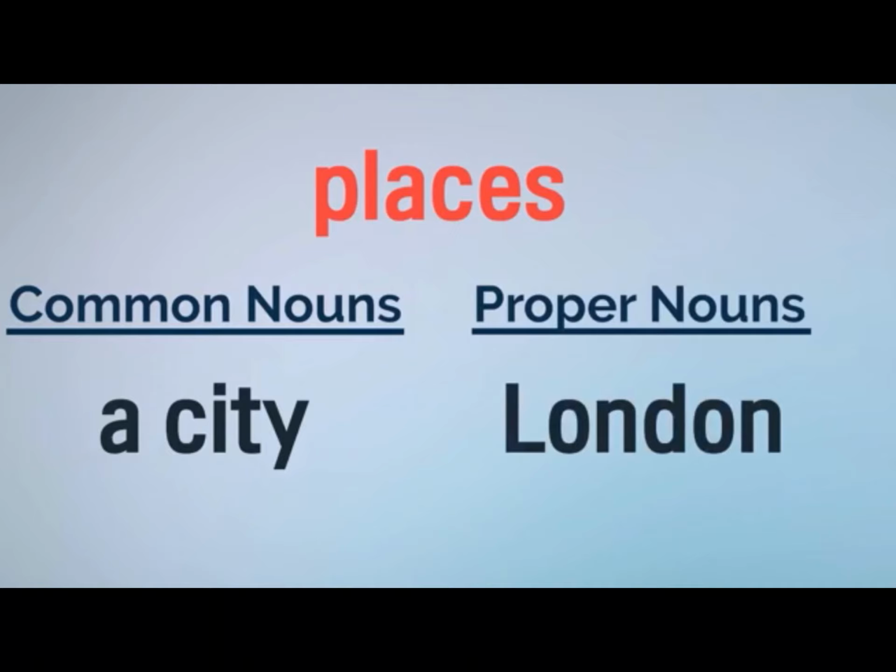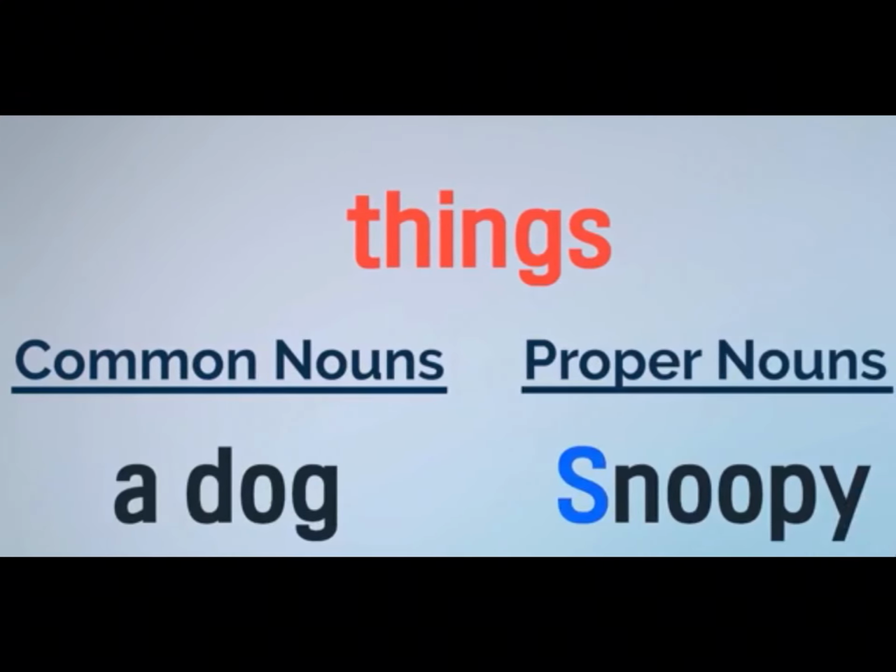When we want to specify something, this is called a proper noun. The common noun is just common as it is, and we always capitalize the proper nouns, as I said. Now, moving along, we can talk about things also, like a dog, which is a common noun.